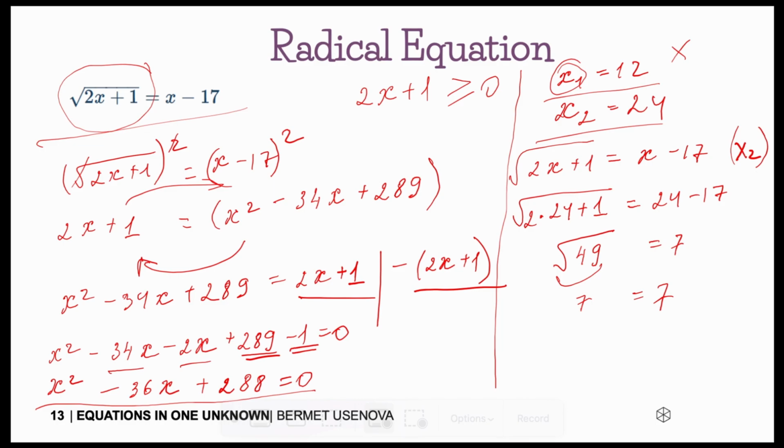Also, which is important here, we had 2x plus 1 under the root, and it means that x is bigger than minus a half. So x must also lie in the domain. The solution set must satisfy this domain as well. Since 24 satisfies the domain and we checked in the original equation that it gives a true statement, our solution set will be 24.